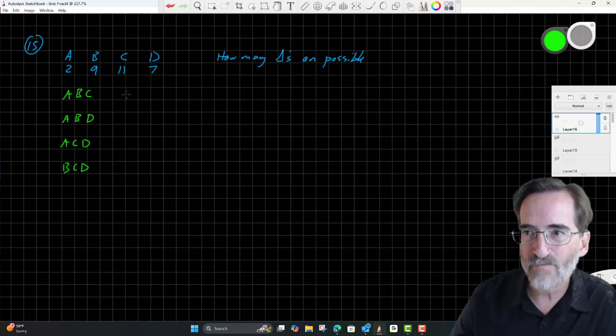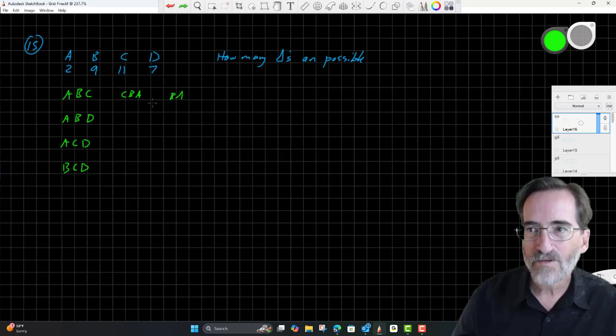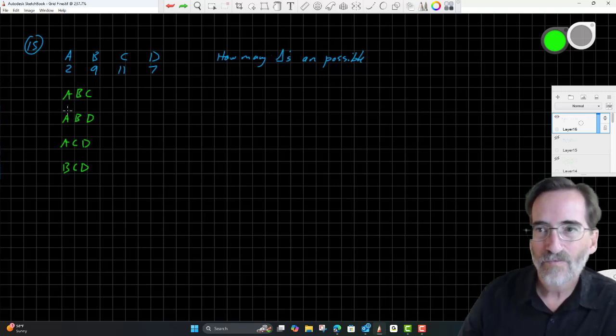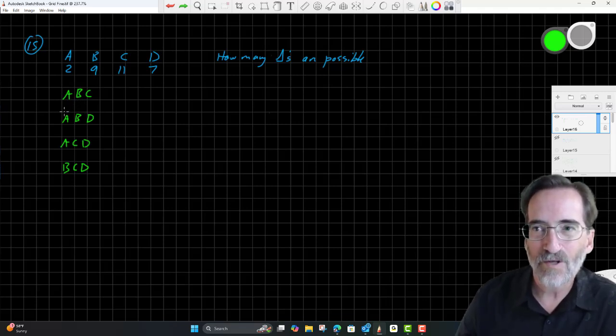So ABC is the same as CBA, is the same as BAC, and so on, right? So those are the only 4. In combinatorics, we call it 4 choose 3, choose 3 out of 4, right? 4 choose 3 is 4, for those familiar with that.